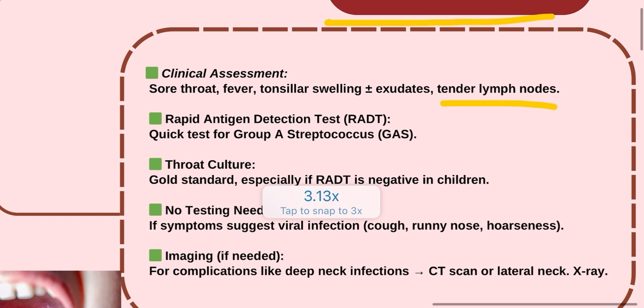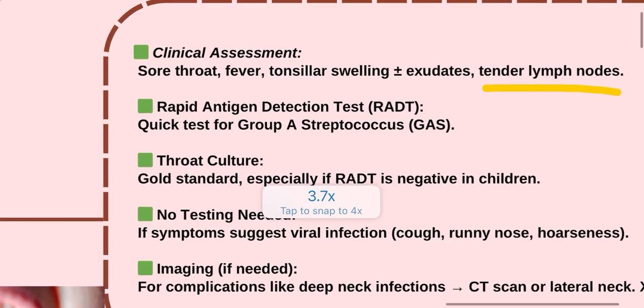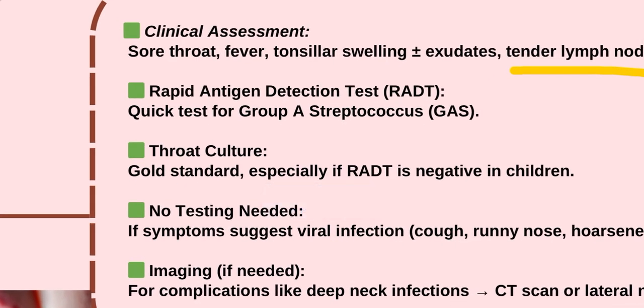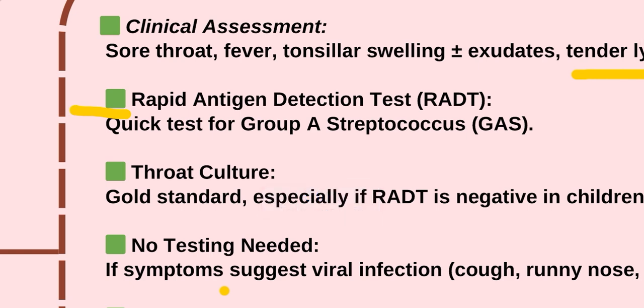Okay, there are some tests we will do, especially if there is suspicion of bacterial tonsillitis. We have the rapid antigen detection test, which is a quick test done for group A beta hemolytic streptococcus.